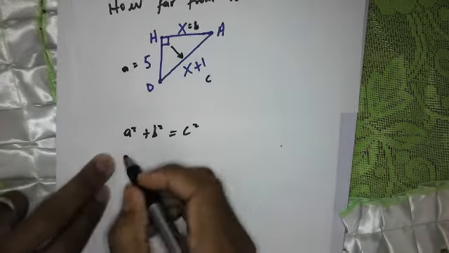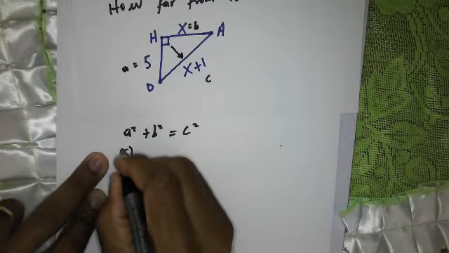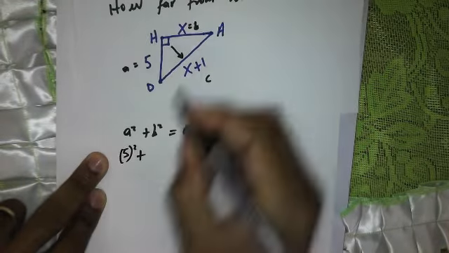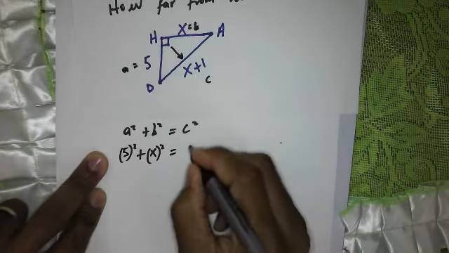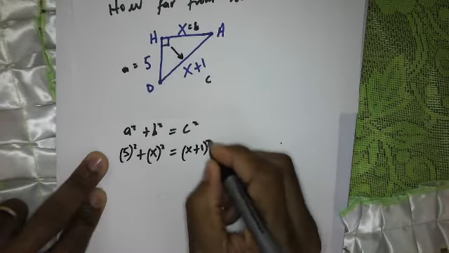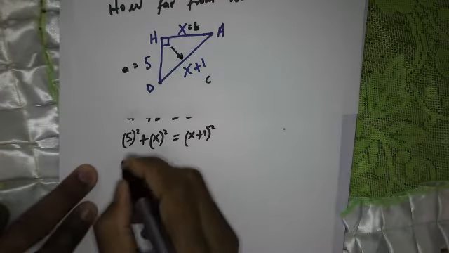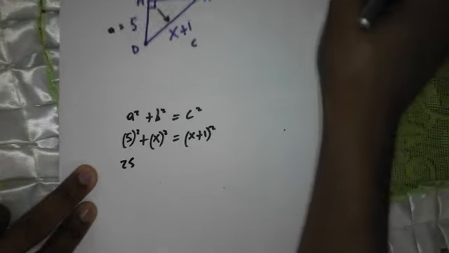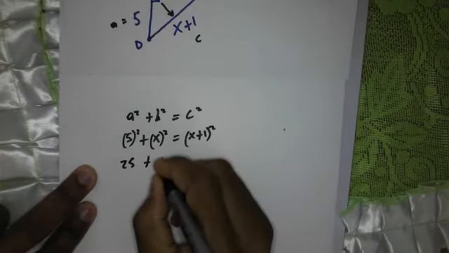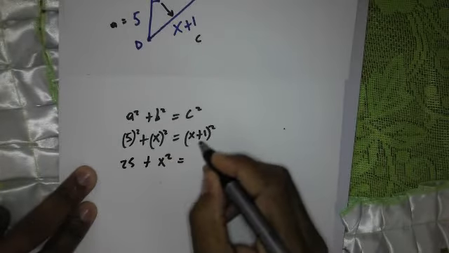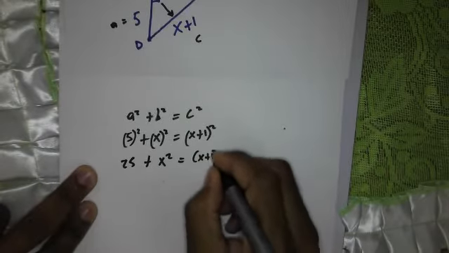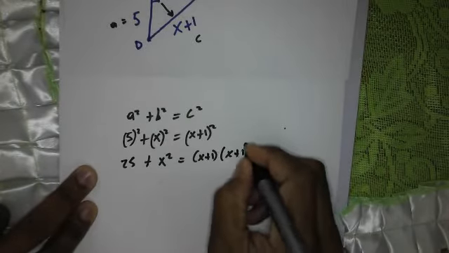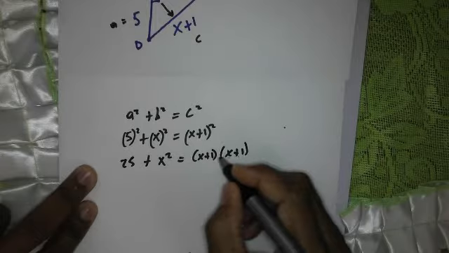Where a is, we put the value of a, so that is 5 squared, plus b, which is x, that is x squared, equals c, which is x plus 1, that is c squared. So 5 squared is 25, plus x squared, and I can rewrite x plus 1 all squared as x plus 1 times x plus 1, because something squared means the thing times itself.